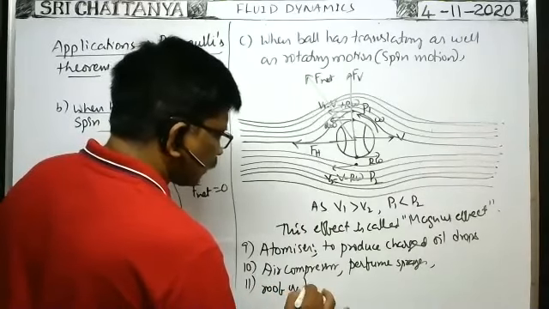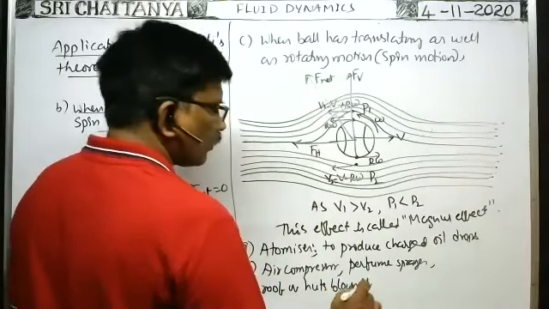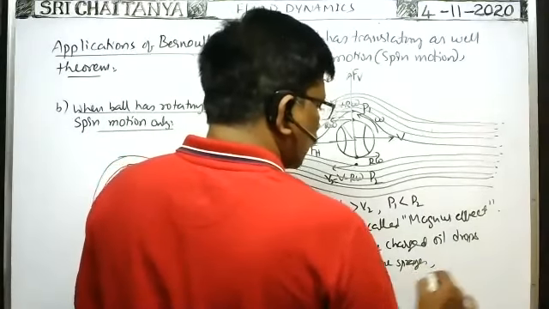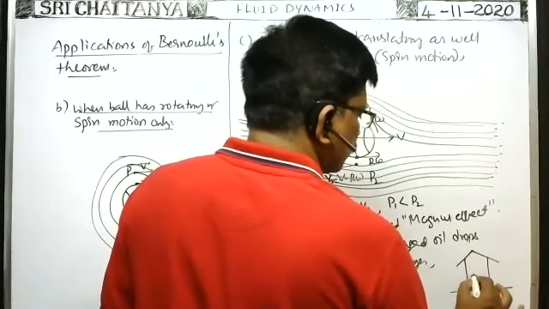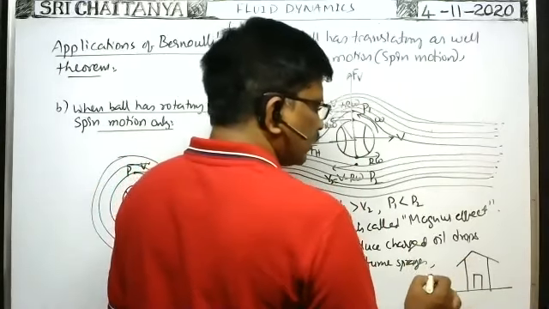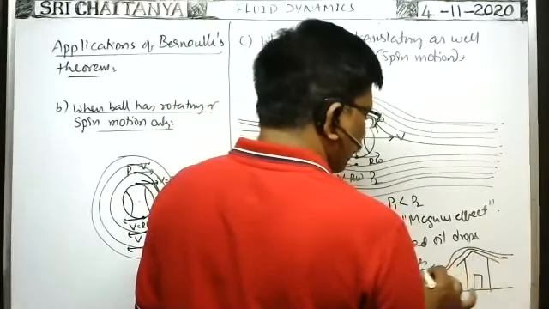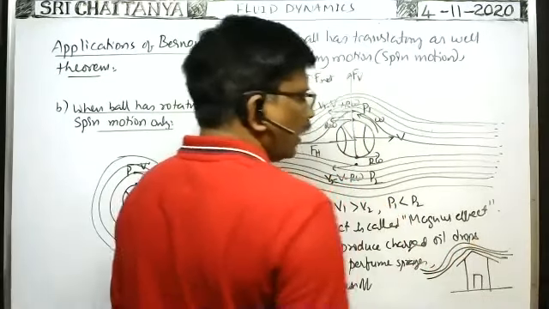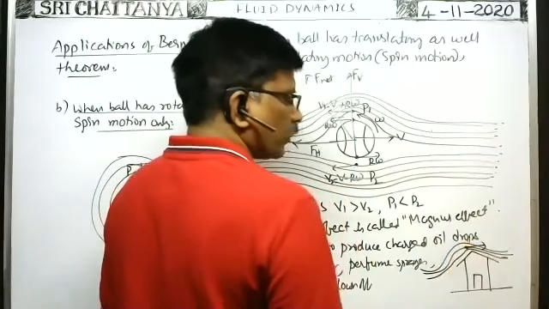You see, suppose the roof of the hut is like this. During a cyclone, as the shape of the roof is like this, the air particles moving over the surface above the roof of the hut have more velocity.